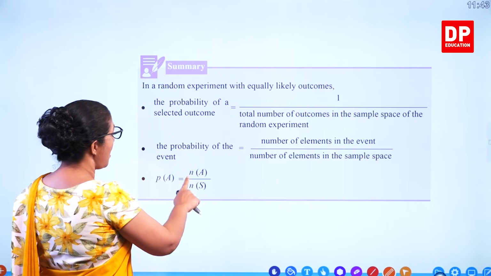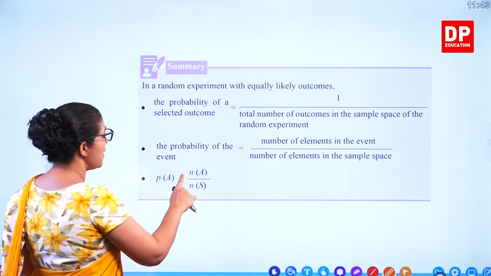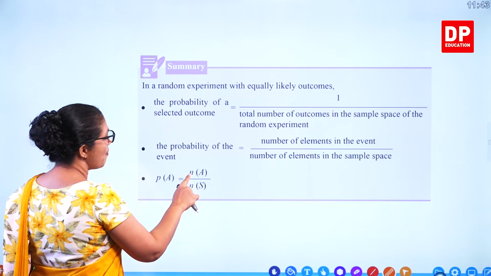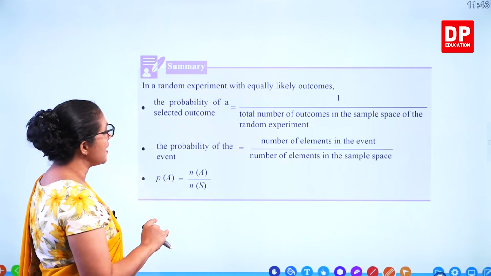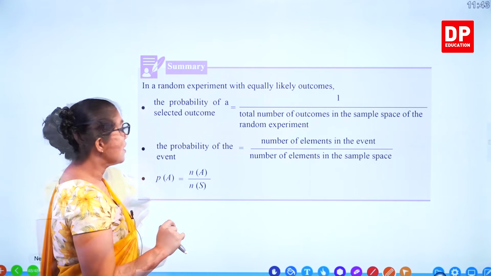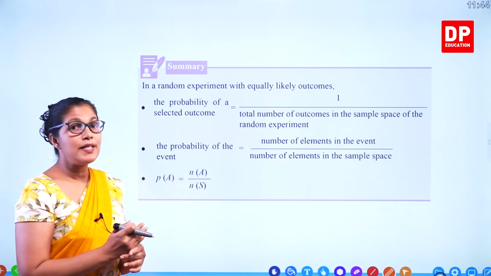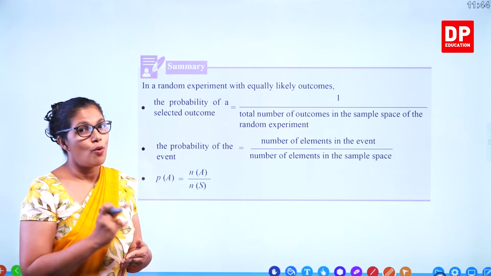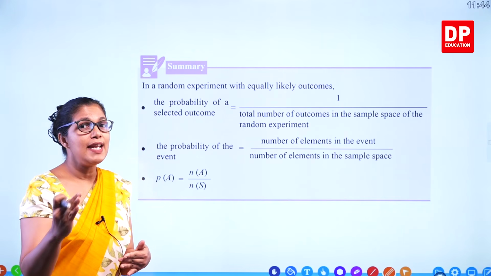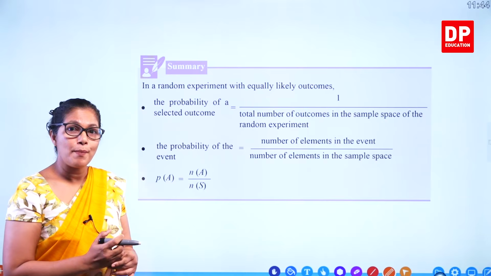So here, how do you find the probability? The formula is the number of elements or outcomes in A over the number of elements in the sample space. Practice all probability questions because you will get a question in your O-level exam. So grade 10, 11, we are doing probability again.